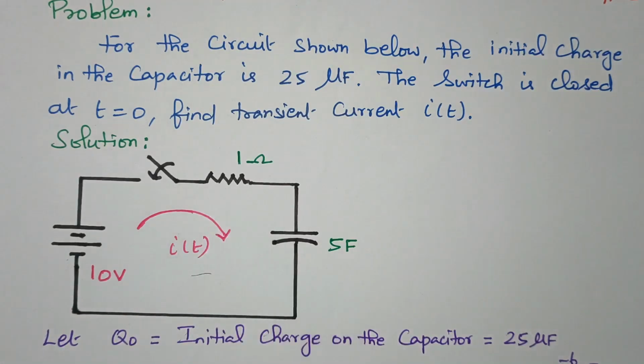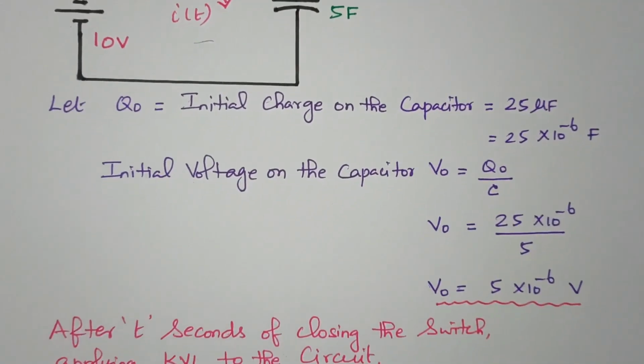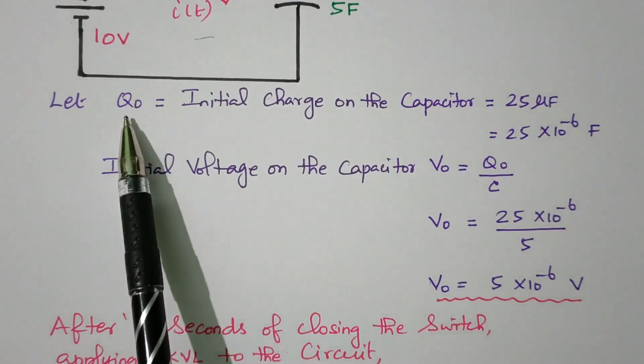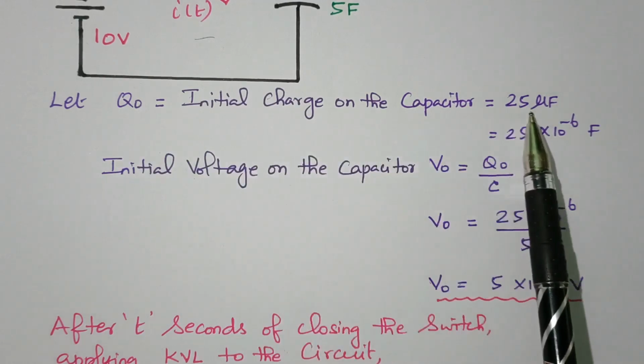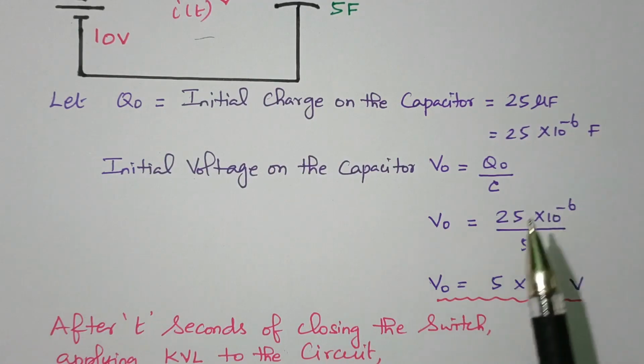across capacitor. So before going to the KVL, we will find the initial charges available. From that we can easily calculate the initial voltage. Let Q0 be the initial charge on the capacitor, that is given as 25 microfarad, that is 25 into 10 to the power minus 6 farad.